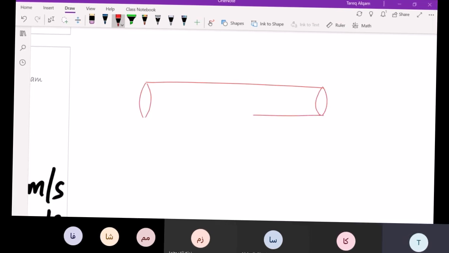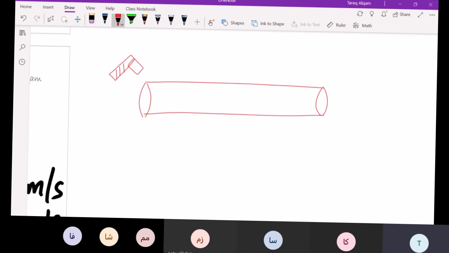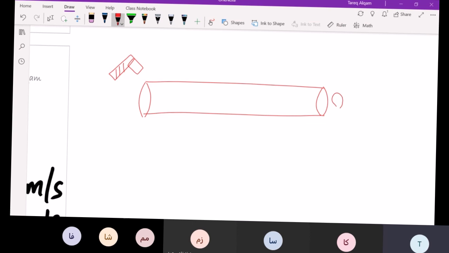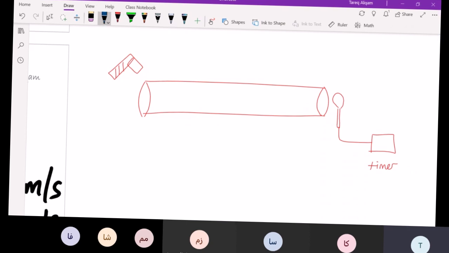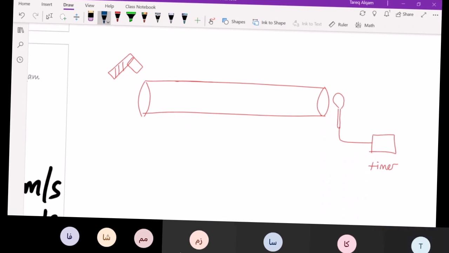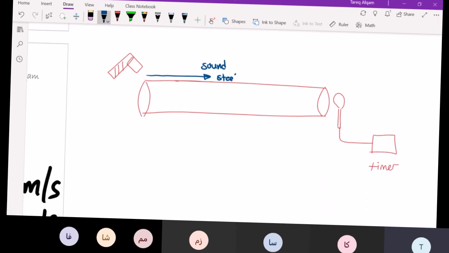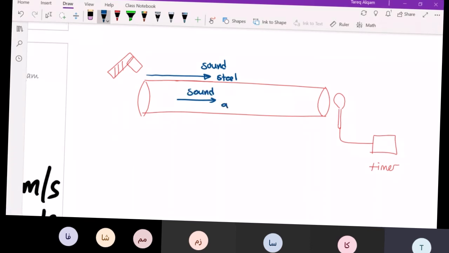Let's say this is the steel pipe. Here is the hammer. Here there is a microphone, and this microphone is connected to a timer. Okay, guys, here we have sound travelling in steel, and sound travelling in air.